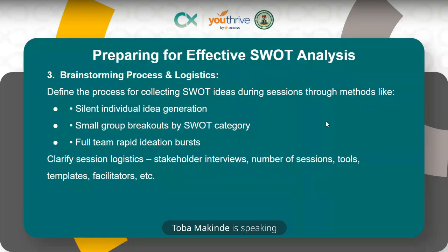And full team rapid ideation. After you've done the breakout, you can then have an ideation session to generate ideas for how to mitigate all of those threats and weaknesses, or how to identify more opportunities and more strengths for your company.